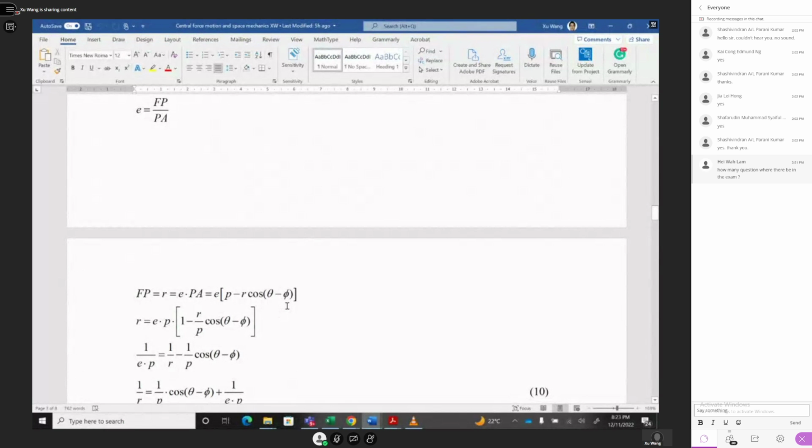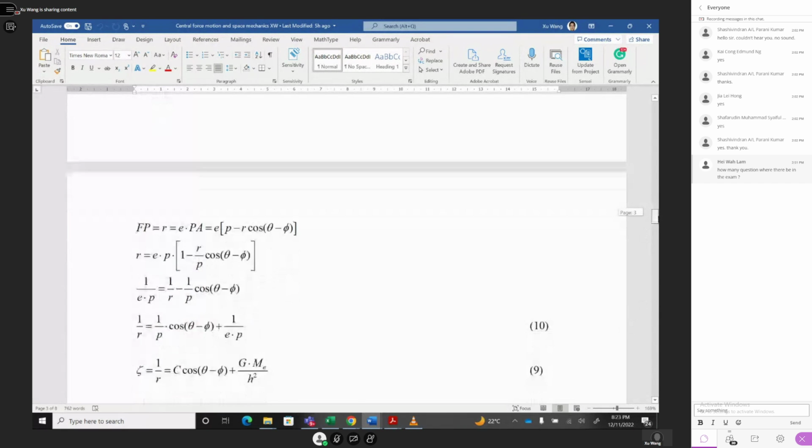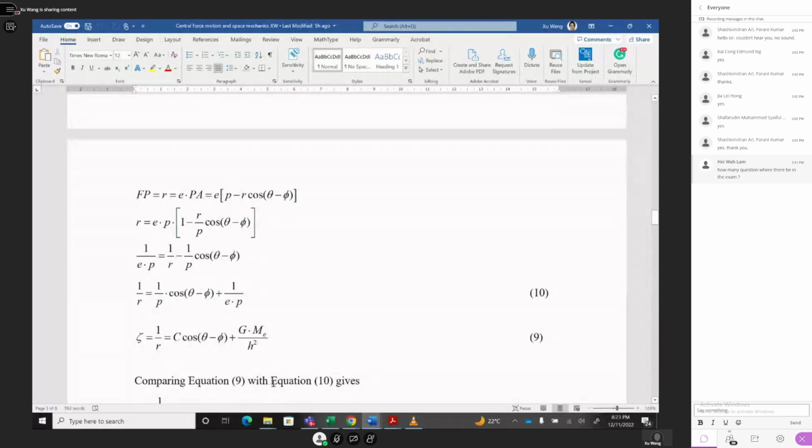And then you get R equal to E and P minus this R part, and both sides divided by EP and R. And then you get 1 over R, this cancels, 1 over P cosine, and this divided over 1 over EP. You get this equation. So from this equation, you move this to the left-hand side, so 1 over R equals this one plus 1 over EP.